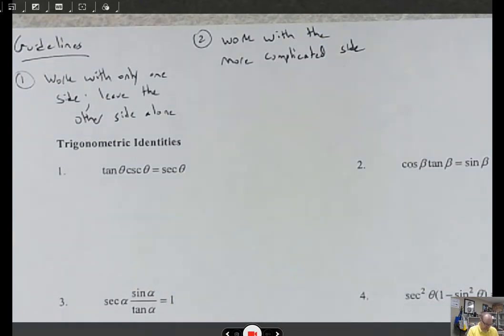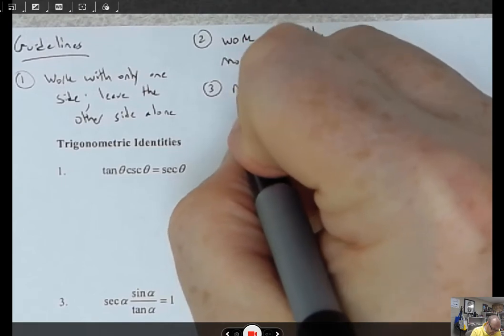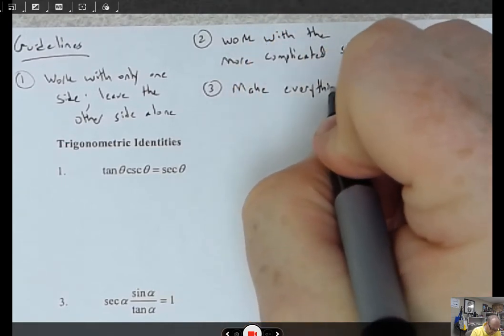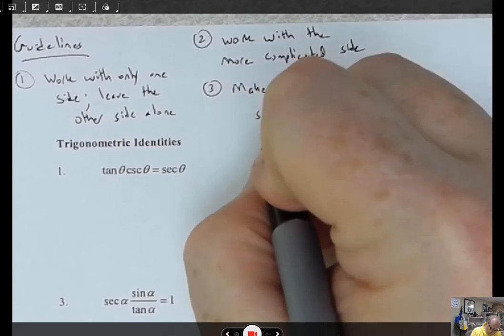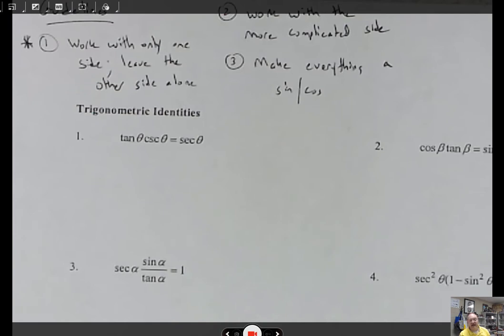Okay. If you just don't even know where to start, then my suggestion is to make everything a sine or a cosine. All 6 trig functions can be written as a sine or a cosine or a combination of sines and cosines. I'm not telling you to do that every single time, but it's often a good thing to at least try.